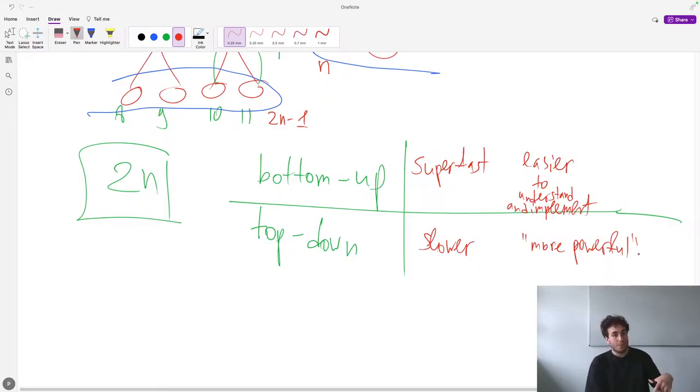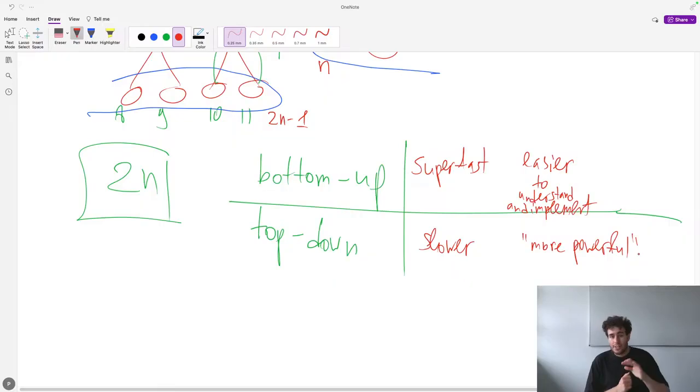So I would say that for beginners, and for most of the problems, you're good with bottom-up segment trees. I'm just telling you that at some point, you're probably gonna have to learn the top-down approach. Don't think about it as I have to do it now or soon. There are many applications of bottom-up, and rarely in competitive programming you actually need top-down.